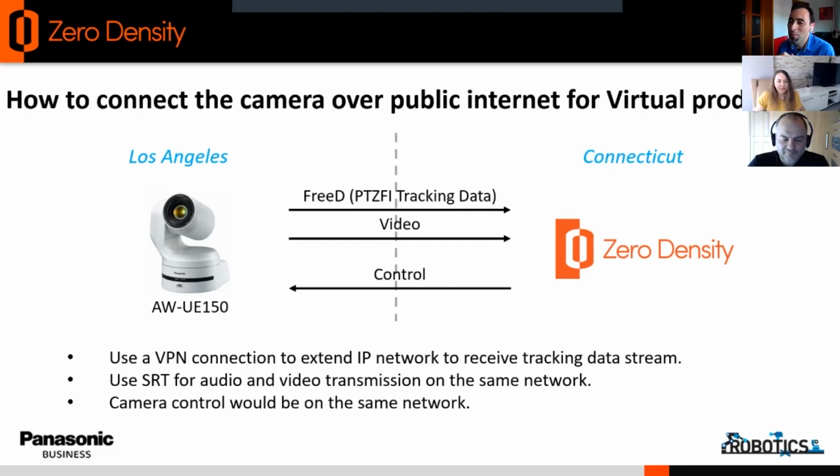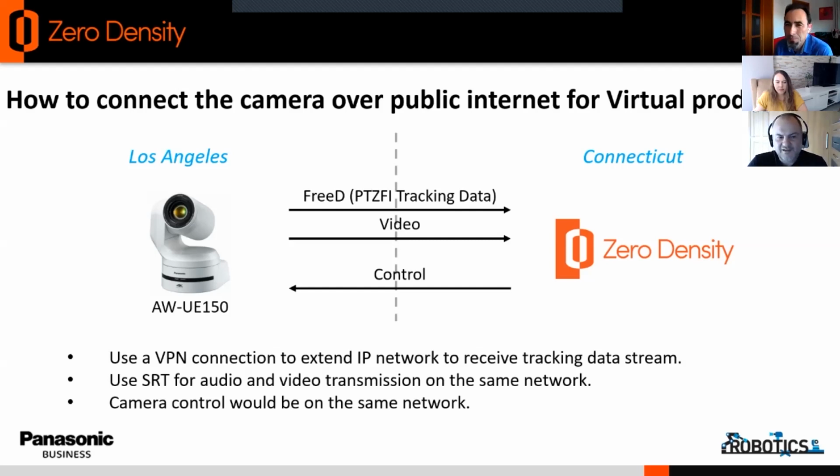So for example, let's imagine a connection between Los Angeles and Connecticut, camera in one place and the engine in another. And this is more and more becoming possible. And I would like you, Kuban, to explain how Zero Density can facilitate that remote production in order to avoid issues with the network.